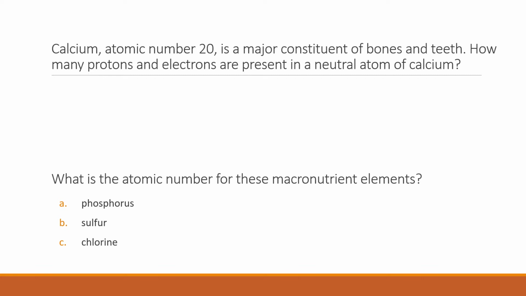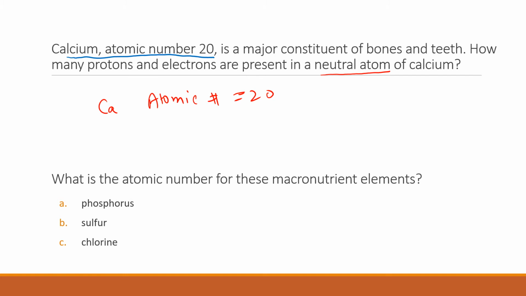In this problem, calcium has atomic number equal to 20, and we want to find out how many protons and how many electrons are present in a neutral atom of calcium.